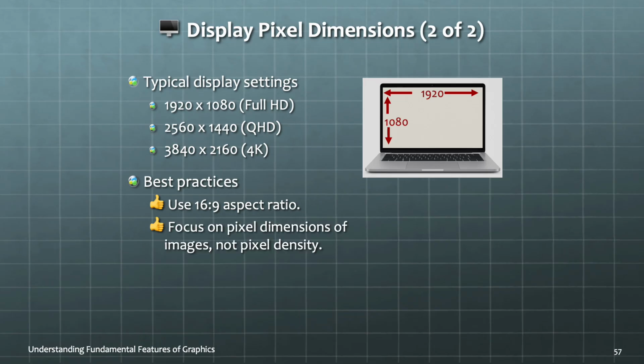Focus on pixel dimensions rather than pixel density for web images. All images used to be set to 72 dots per inch by default because that was the pixel density of most displays. But that's obsolete now that there are so many displays out there with different pixel densities. Pixel dimensions are what is critical now for graphic artists.